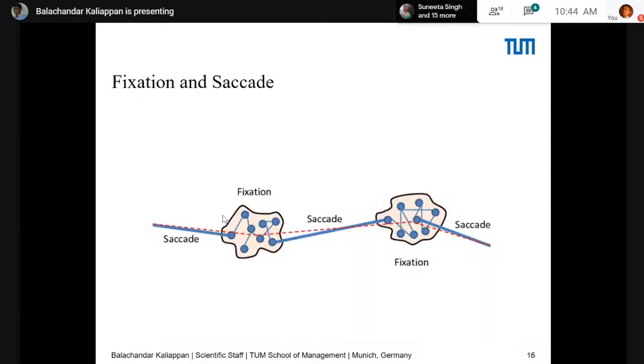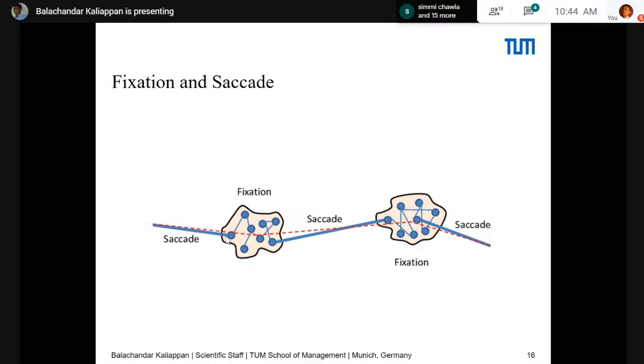I also told you about fixation and saccade, and we'll have an example of that. You can see there's a line going here, then there are several dots, and then there's a line going here. This line is called a saccade, and as I mentioned earlier, a saccade is a rapid movement of your eye, but a fixation is not a rapid movement.